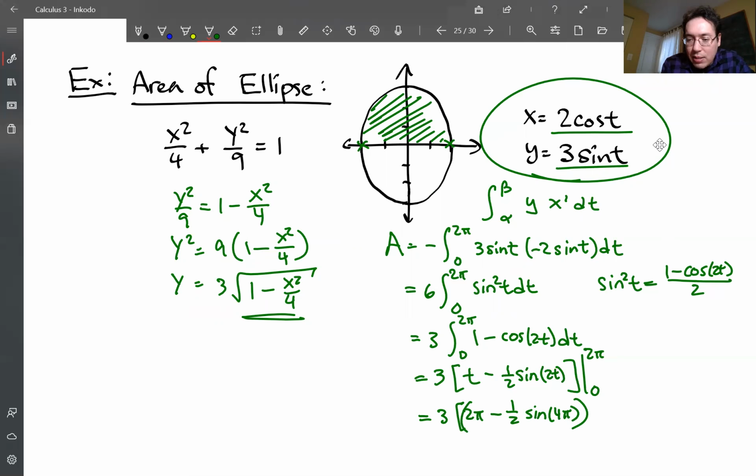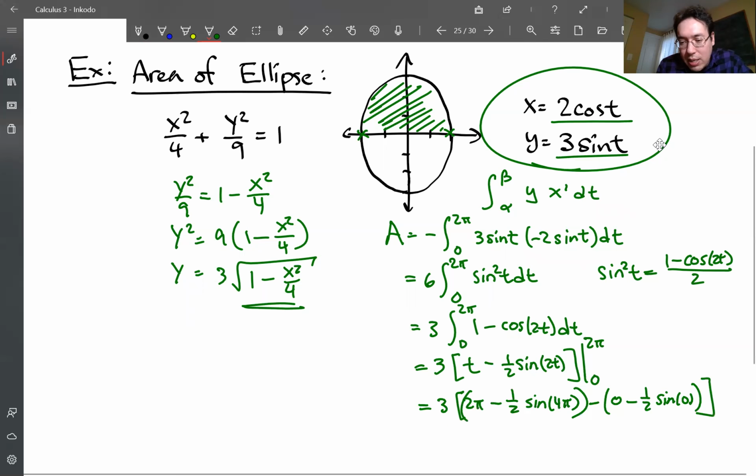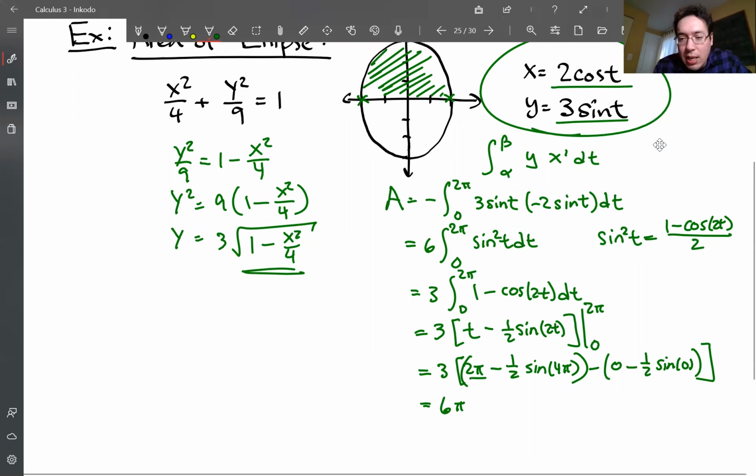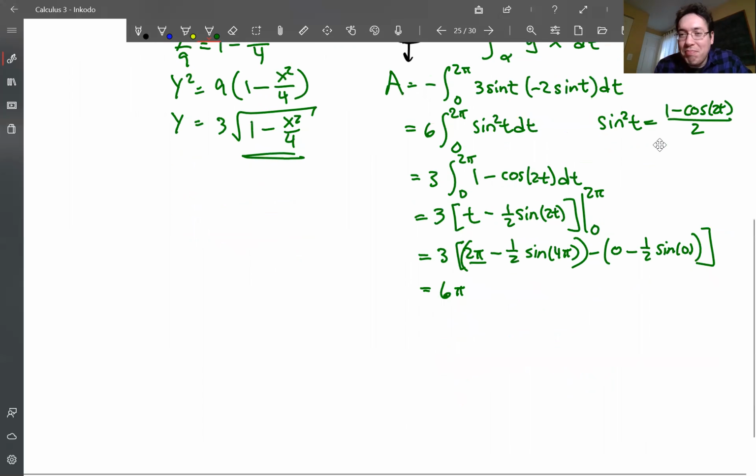And then if I plug in 0, here's what I get. And sine of 4 pi and sine of 0, they're both 0. So the only contributing term is just this 2 pi here. So we get the area is 6 pi. And that's it for this problem.